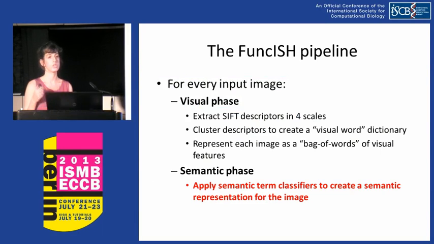Now, at the end of the visual phase, we have our visual representation, but we want to add interpretability. So we want to get to a situation where we have a semantic representation of the image. So this is our semantic phase. And what we do here is apply semantic term classifiers to create a semantic representation.